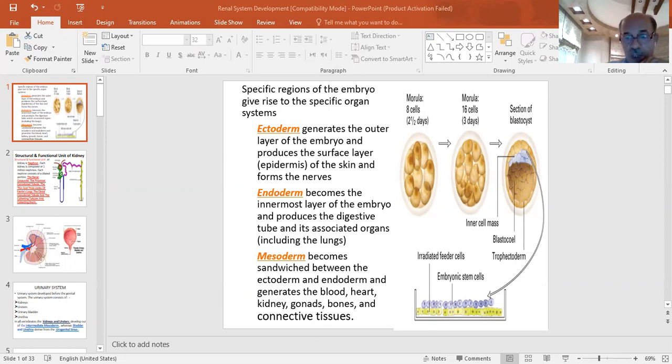Now, the histology of the renal system, already I have explained that in the previous class. So we have the kidney, where we have the glomerulus, in addition to the renal tubules. And then we have what you call the, let me use this slide.